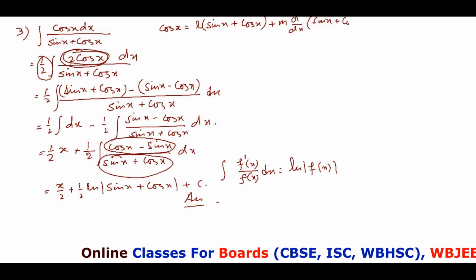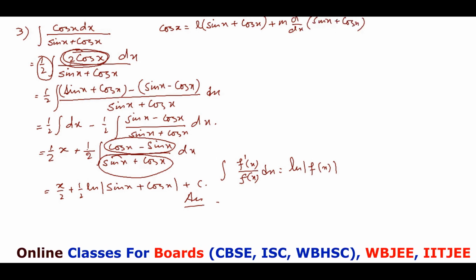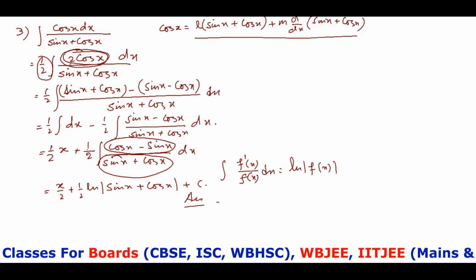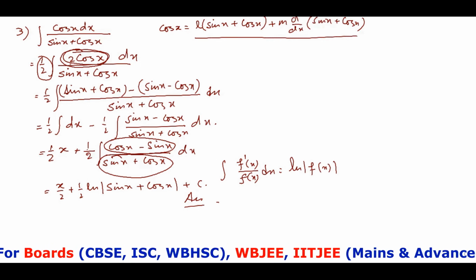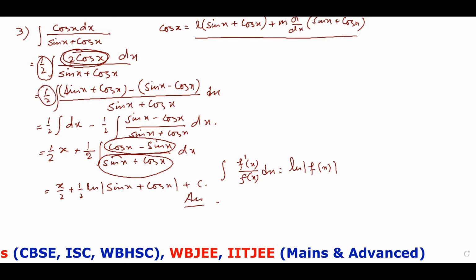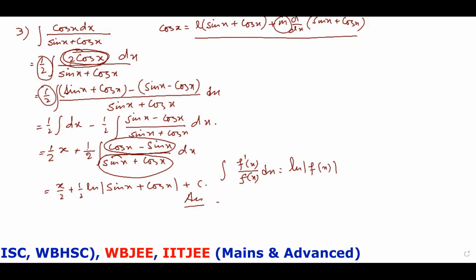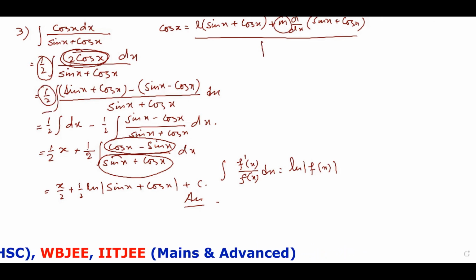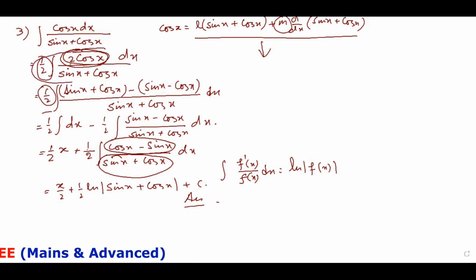If we do it by this method, we will easily find out that your L will be nothing but half and your m will be nothing but minus half. But this will take a little bit longer time. So if you can remember in this way, it will be pretty easier for us to complete the sum in that stipulated time. Is it clear?